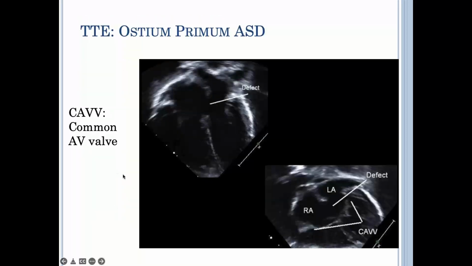It was difficult to find a good video of this, but this is an image from the guidelines that I think is nice because they show the defect here and the common AV valve, and you can see the close association with atrioventricular valves in this case.